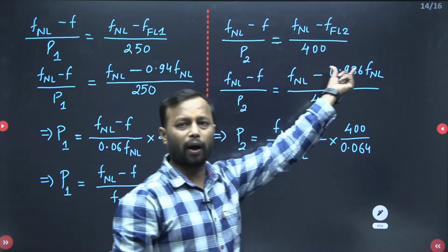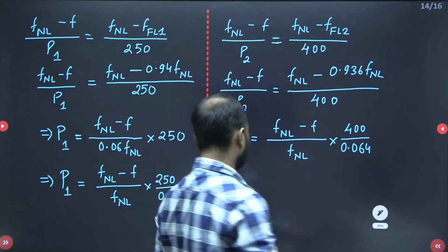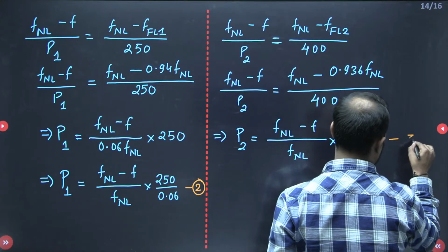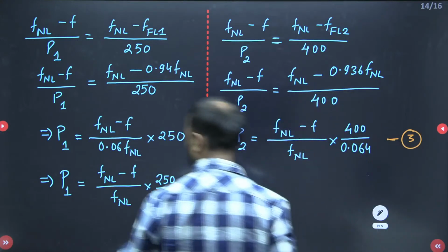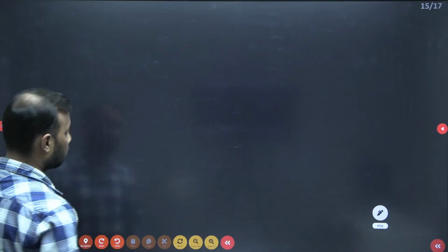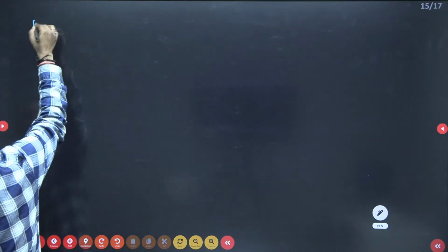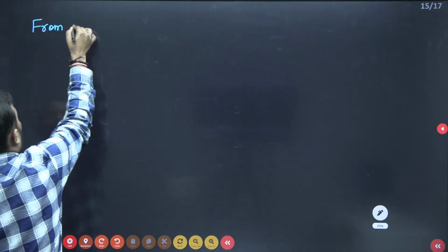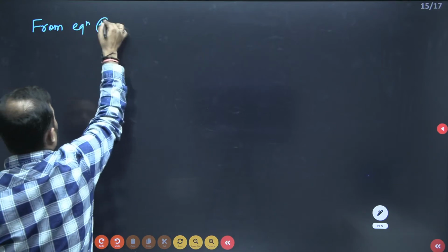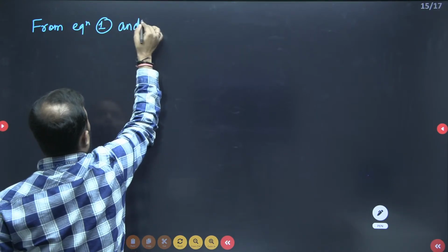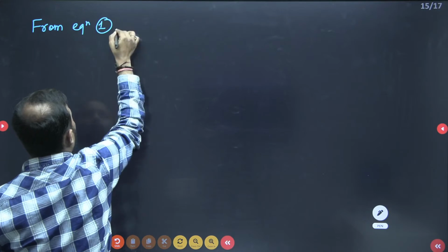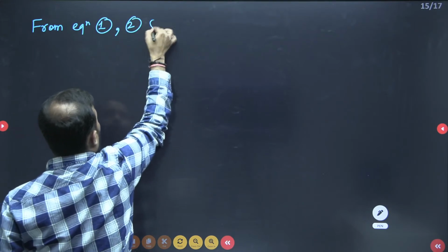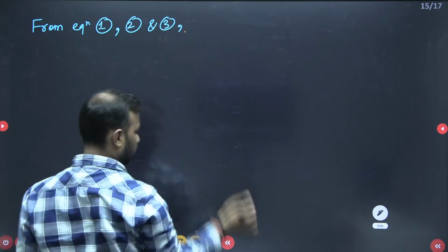This value is 0.064. So, let me take this as equation 3. Done. Now, from equation 1, 2 and 3, what are we going to get?